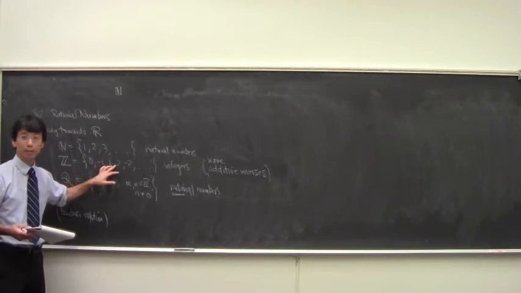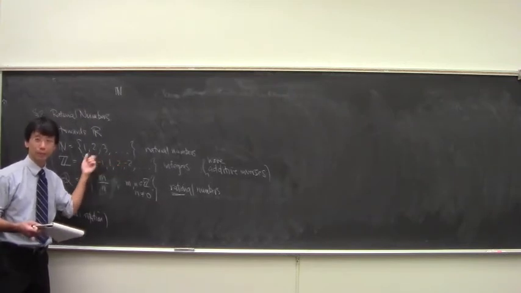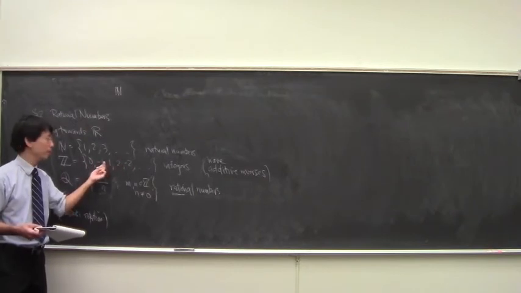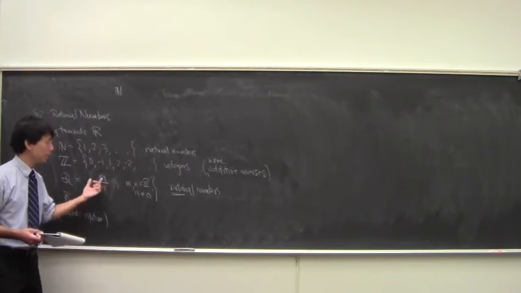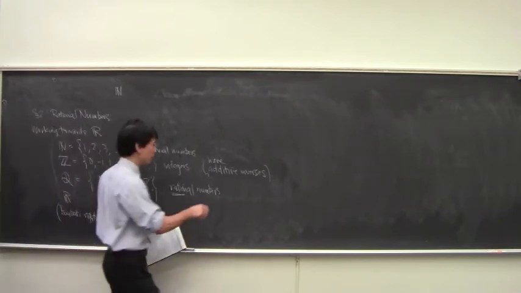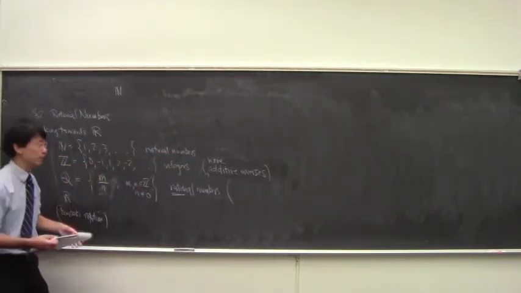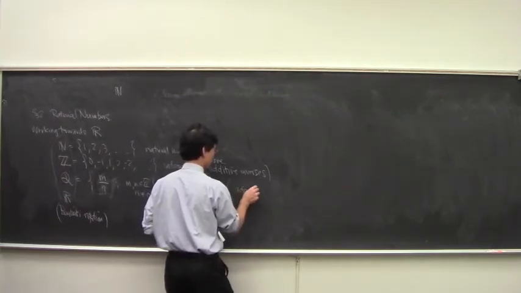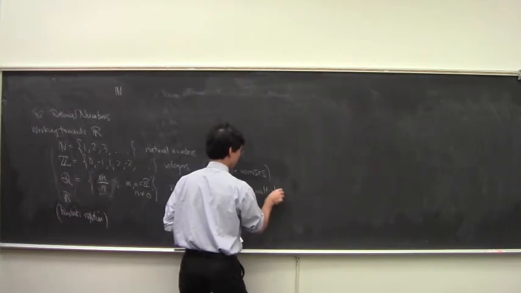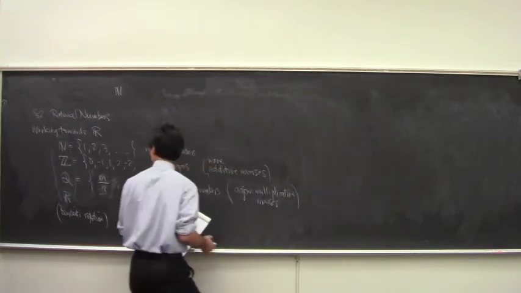But there aren't multiplicative inverses for some elements. If I multiply 1 by 2, there's nothing I can multiply by to get back to 1. So with Q, we adjoin multiplicative inverses.